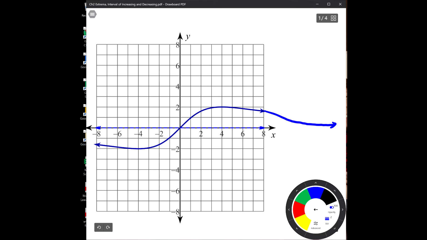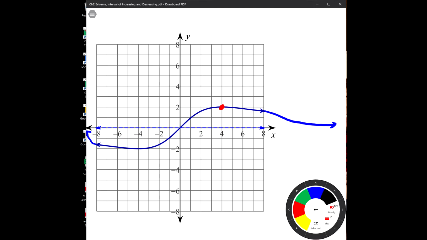And same here, it keeps going, but never crosses 0. For the max, the highest point on the graph will be this point right here, because you don't find any other point on the graph that's higher than (4, 2).